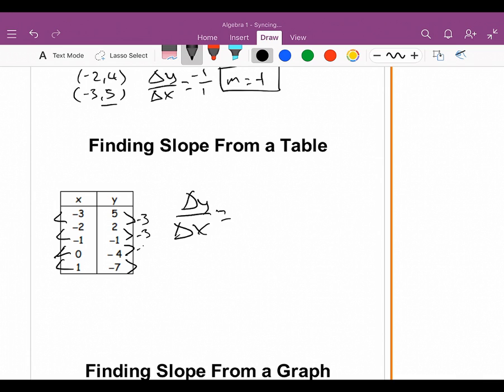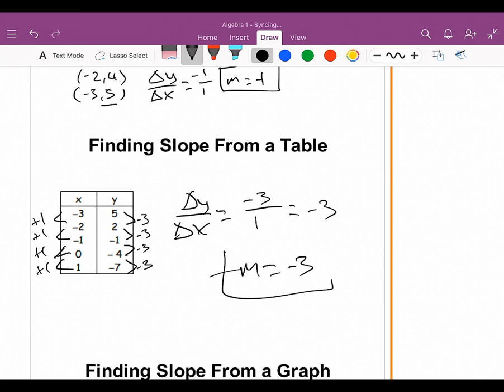Negative 1, negative 4. So it looks like the pattern is I'm subtracting 3. So minus 3 is how y is changing. Now how are the x's changing? Negative 1 to 2. Well, I got to add 1. Negative 2 to negative 1, add 1. Negative 1 to 0. Looks like the change is I'm adding 1, so you're dividing by 1, which would give me negative 3, or your slope would be negative 3.